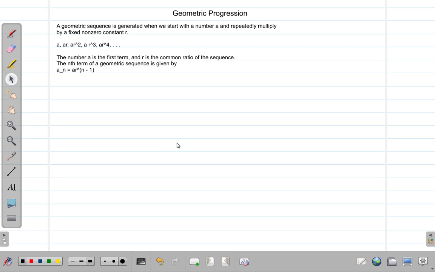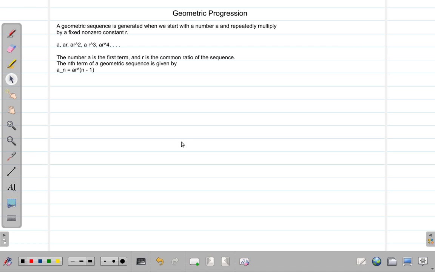Let us talk about the geometric progression. When we discussed the arithmetic progression, what we found was that you start with a number, the first term, and you add a number to it to get the second term.